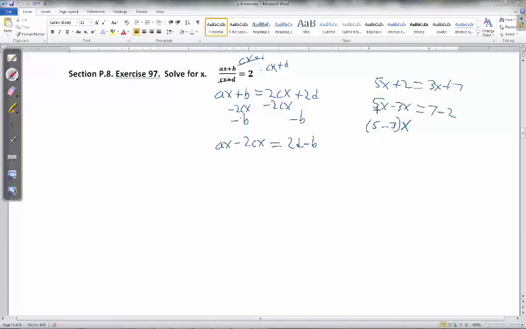It's just because you can factor, you can do this. Well, that means I can still do that part. Pull out the x, a minus 2c, and then I've in essence collected those like terms, so I can divide out this coefficient over a minus 2c. And that's the answer.